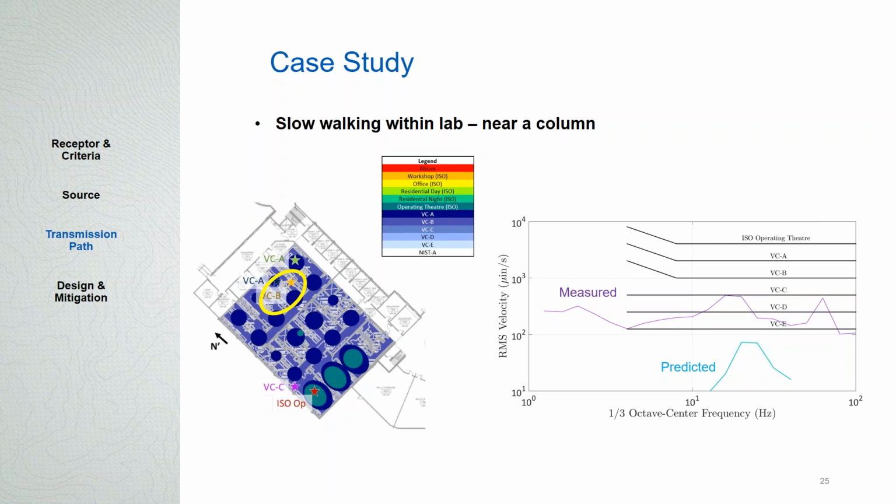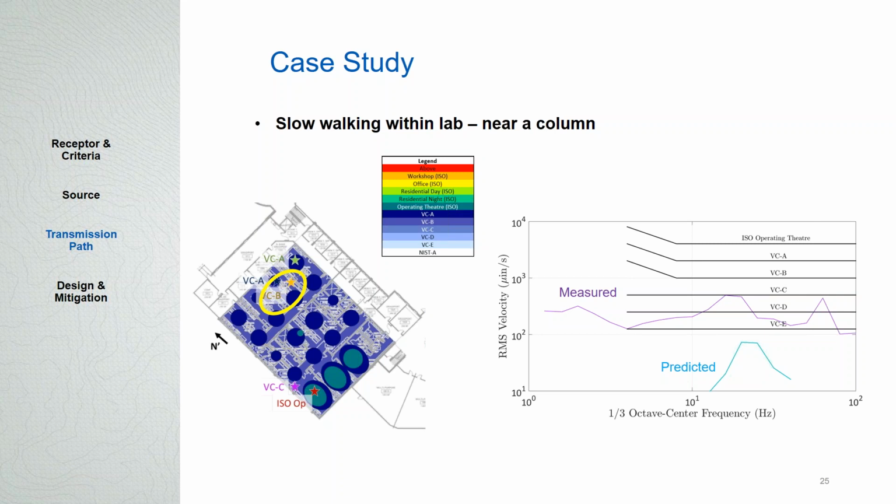You need to assume at what point the columns become fixed, because you're not modeling the entire multi-story structure in most cases. In this case, we're just looking at a single floor. And so the discrepancy we're seeing here is probably because of the assumptions made regarding that boundary condition. Nevertheless, the vibrations measured and predicted near the column are the lowest of all, which is what you would expect.